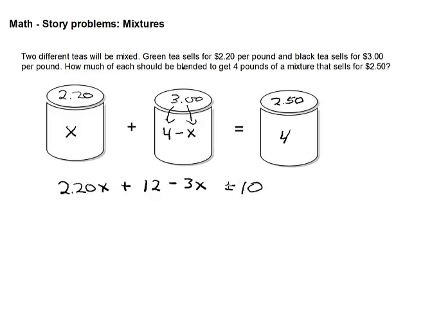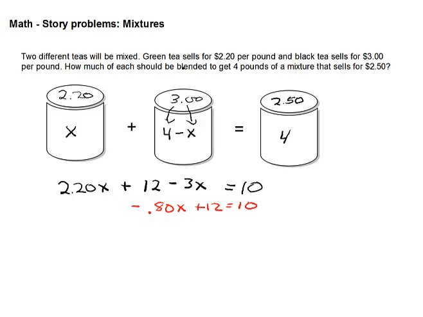Now we have just an algebraic equation that we can solve. If we combine our like terms, the 2.20x minus 3x, we'd end up with negative, because the 3 is bigger than 2.20, so negative 0.80x plus 12 equals 10. We need to get rid of the 12 because we need the variable by itself.